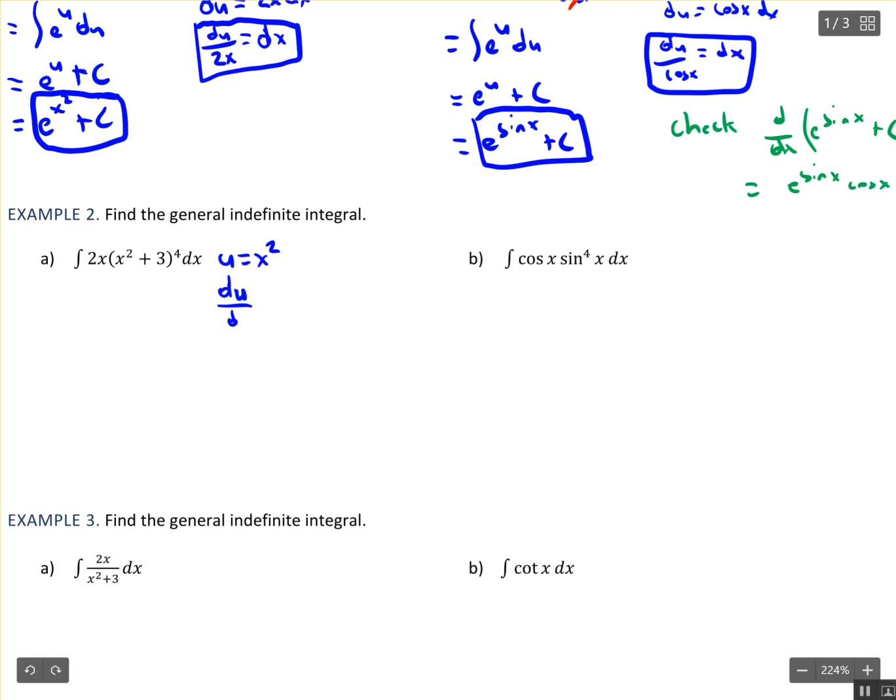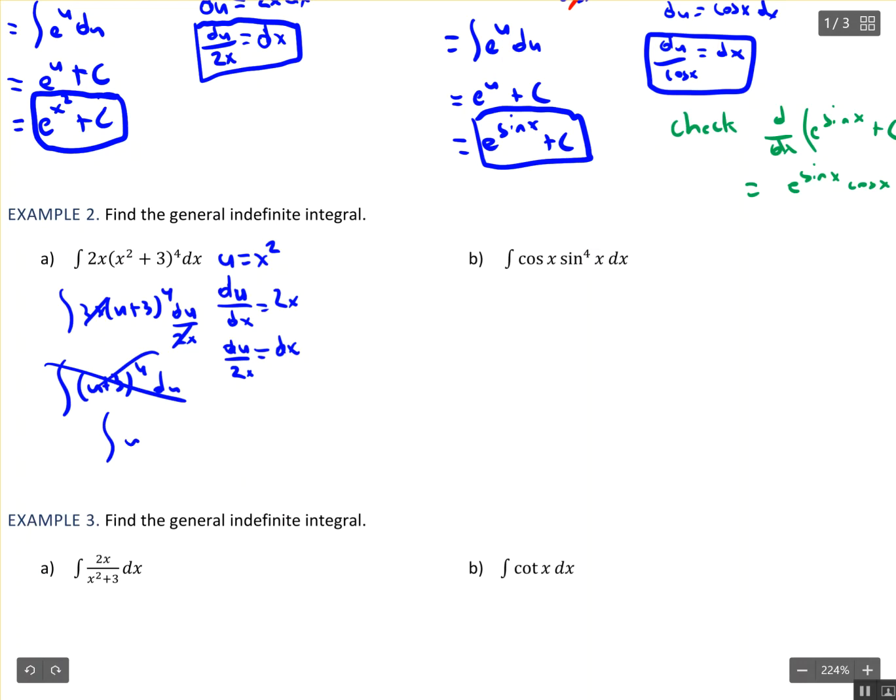This is not the correct choice of u. But I go through and I get dx equals du over 2x. And so I would get 2x times (u plus 3) to the 4th, du over 2x. So those cancel, and I end up right here. The only problem is I don't know what the antiderivative of (u plus 3) to the 4th is.